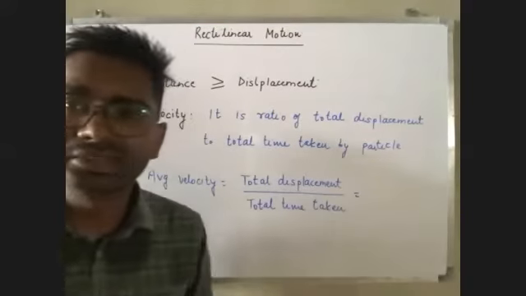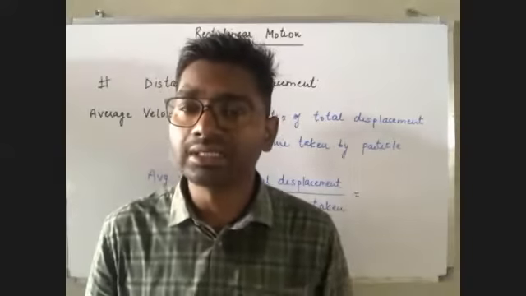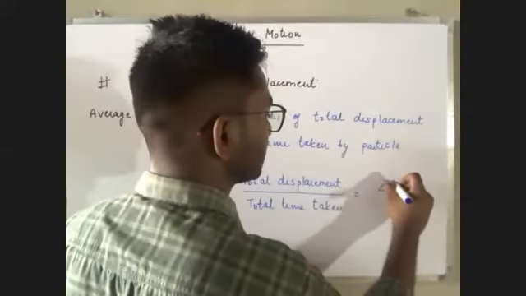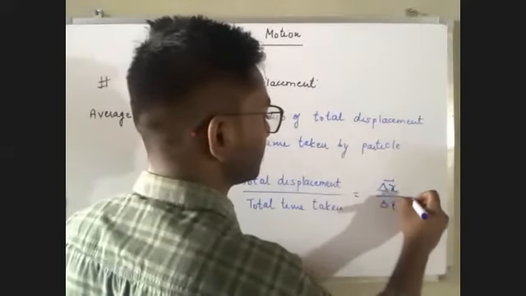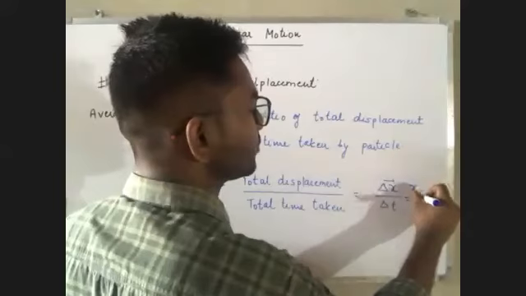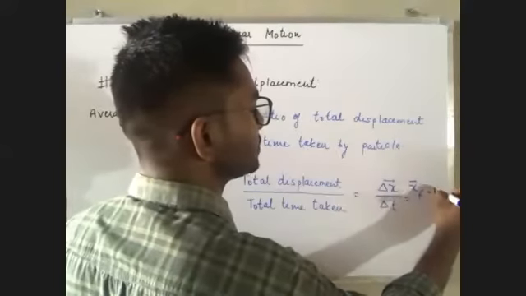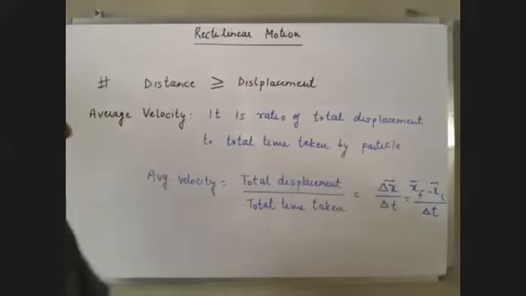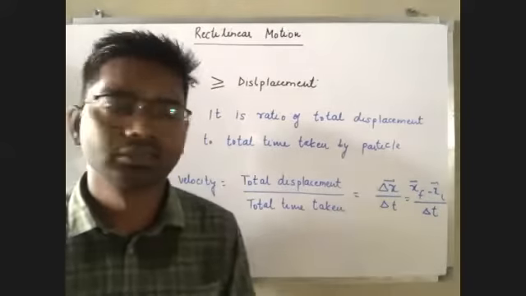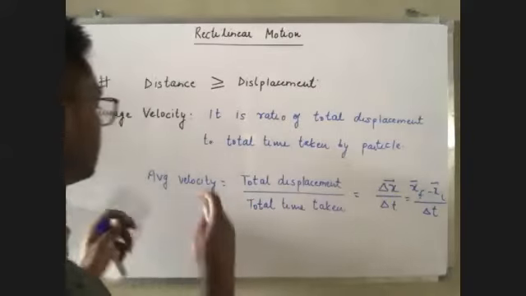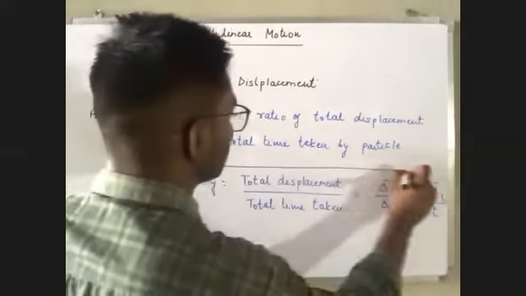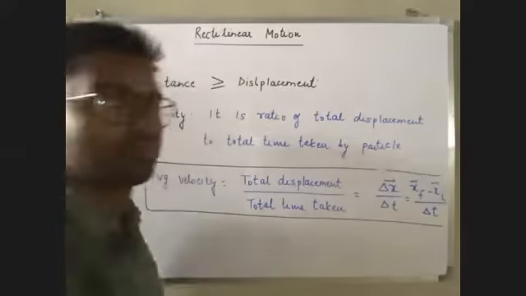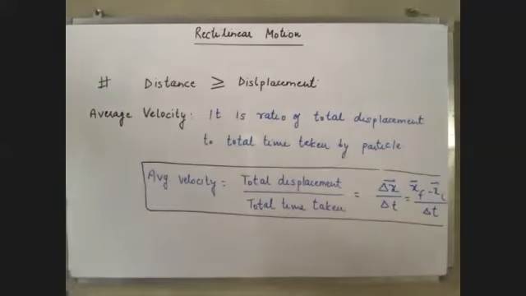Total displacement means change in position, so delta x divided by delta t. Delta x is the final position vector minus the initial position vector, divided by the total time taken. This is going to be the average velocity. Is it right? Everyone clear about this? So it is defined as total displacement over total time taken. Everyone just note it down.